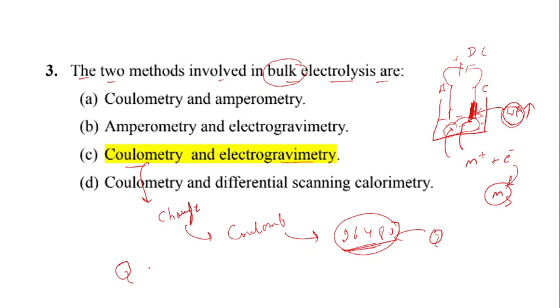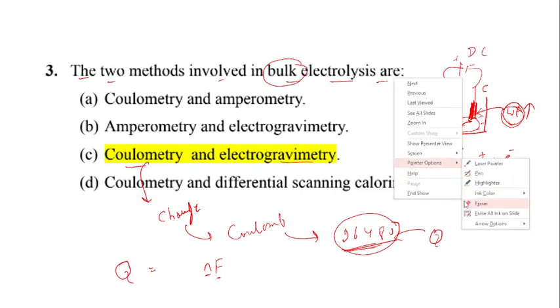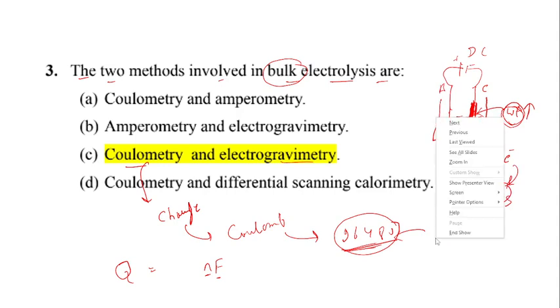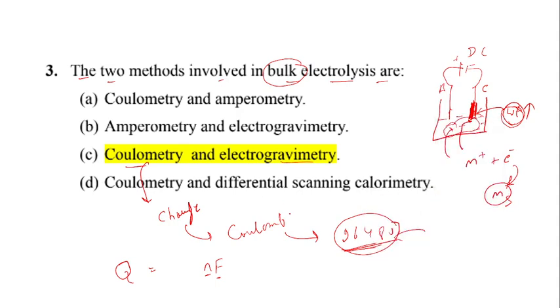Total charge Q will be equal to nF, where n is how many electrons are taking part in the reaction. F is Faraday, so this is not Q, this is F.